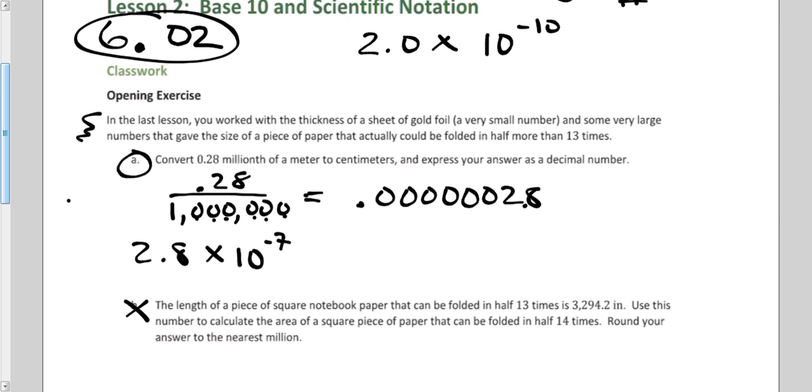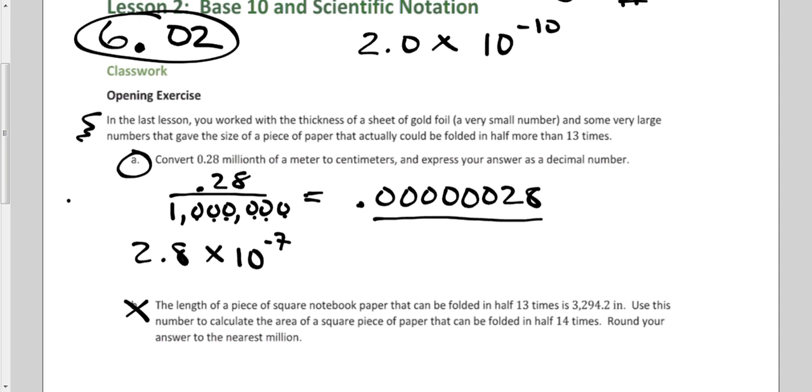Yes, sir? Why is it negative if it's going towards the right? It's not going towards the right because this is. Wait. Let me get this. I'm finding out what this number right here is in scientific notation, right?